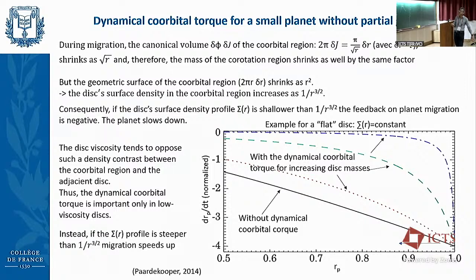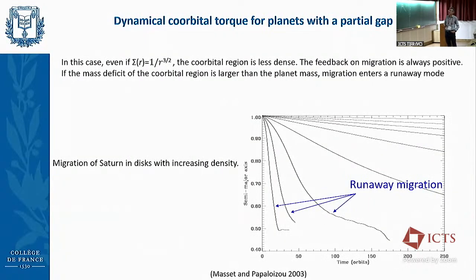The opposite is true, right? If the disk profile is steeper than 1/r to the power 3/2, migration can speed up. Now, disks this steep can be difficult to envision. But if you have a planet that is not really in type 2 migration, but in the transition zone, where you open a partial gap, then the mass in the orbital region is reduced with respect to the mass in the ambient disk.